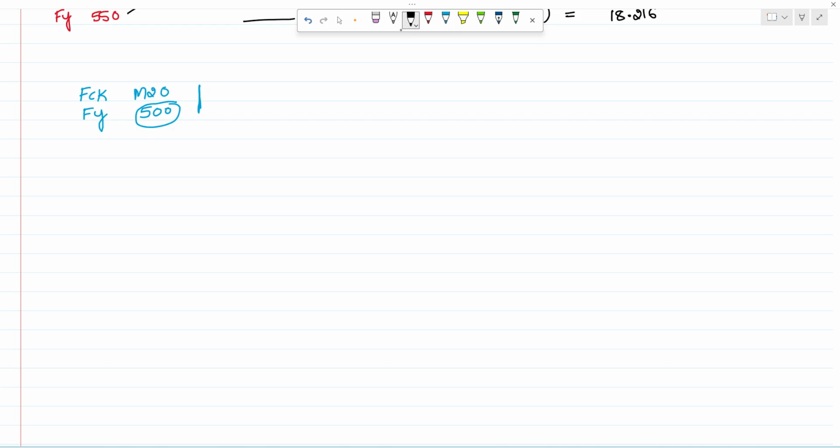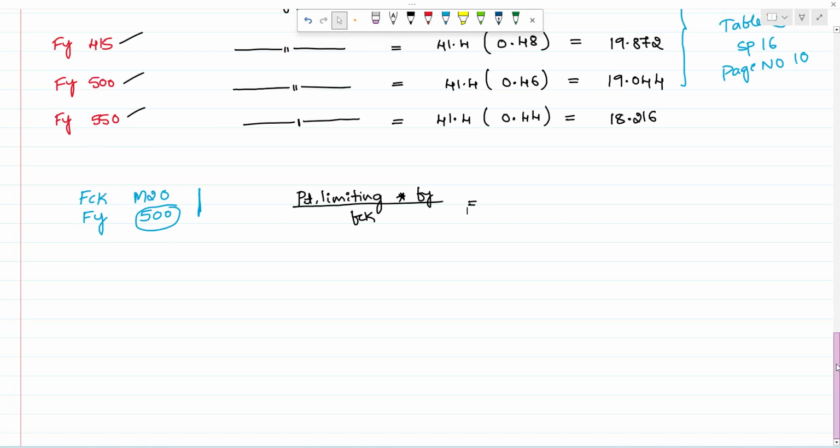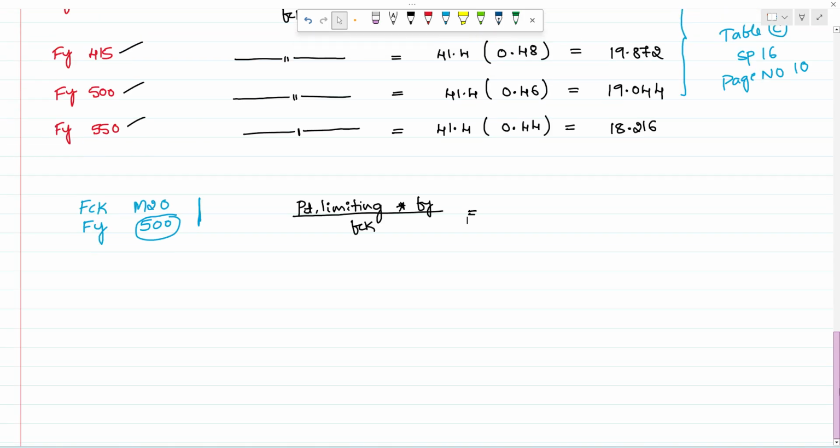The equation is PT limiting multiplied by Fy divided by FCK equals, for 500 grade, what is the value? It is 19.044. I am using this equation.